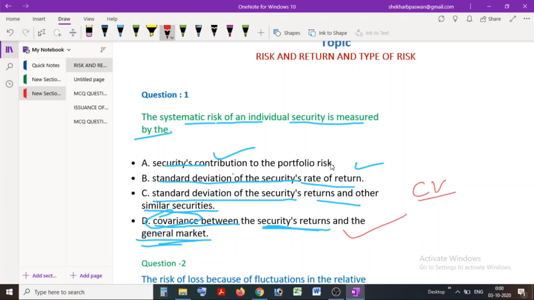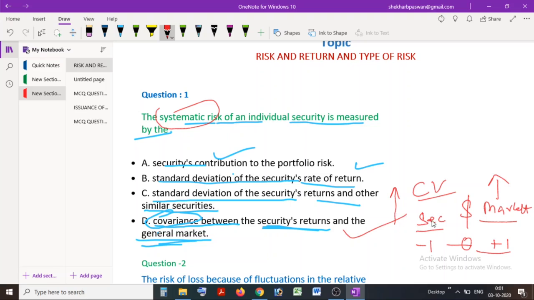If we are discussing systematic risk, then systematic risk is the measure of covariance of the return of the security and the market portfolio. The correlation ranges between -1 and +1, and there is a 0. If the market is rising and the security's rate of return is also rising, that means there is a positive correlation, greater than 0.